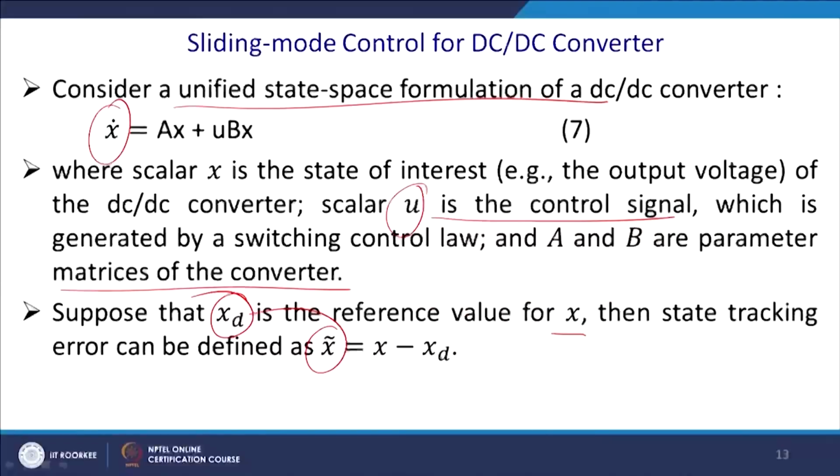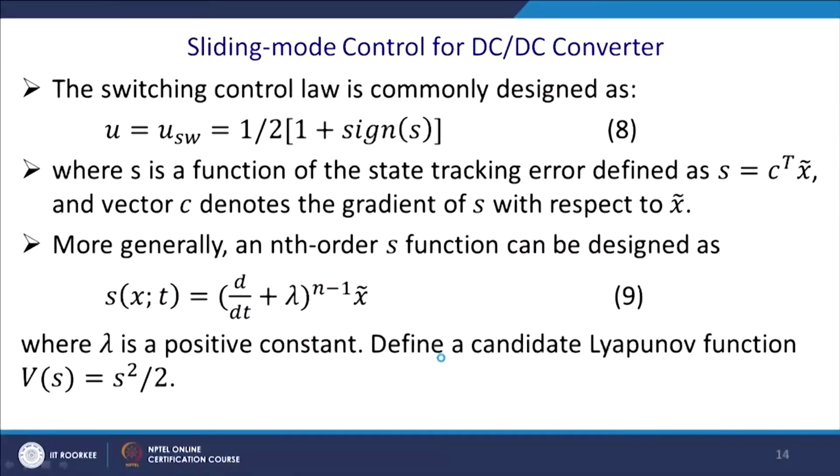Thus, x delta equal to x minus xd, and accordingly you will switch it, and the switching logic will be such that u switch equal to half of 1 plus sign of S. So, if the converter voltage is required to be high, the duty cycle is required to increase.